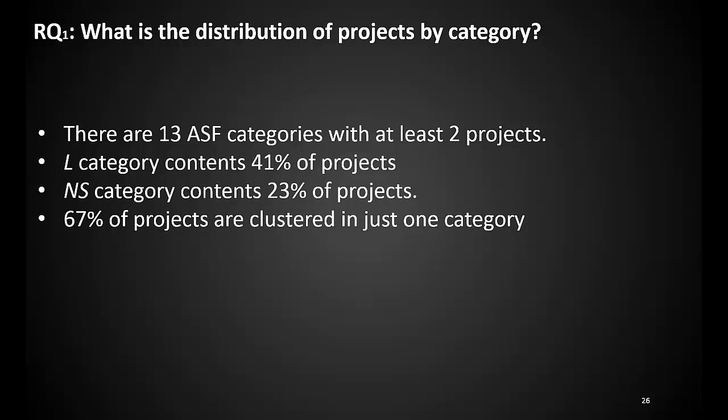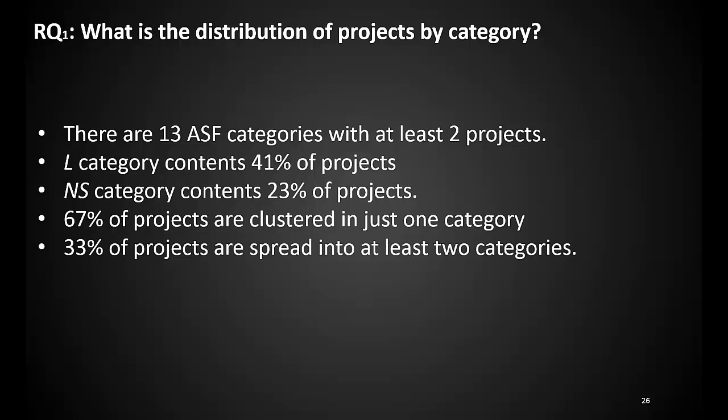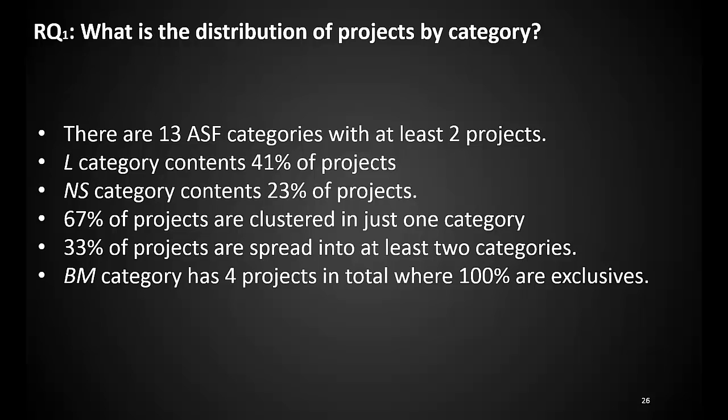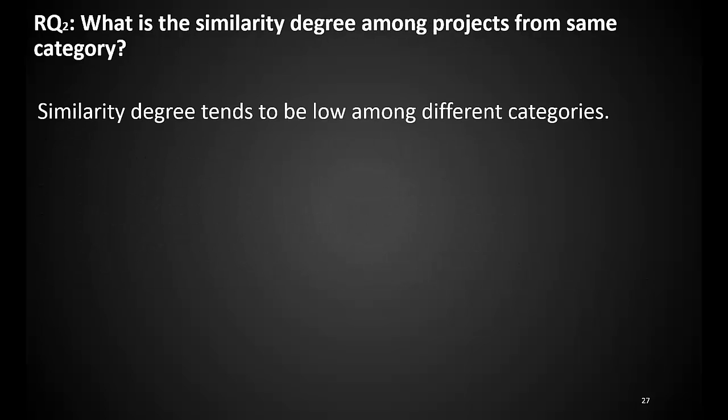We can say that 67% of projects are clustered in just one category, meaning that 32% of projects are spread into at least 2 categories. The only category with exclusive projects was beta management. This category had just 4 projects.